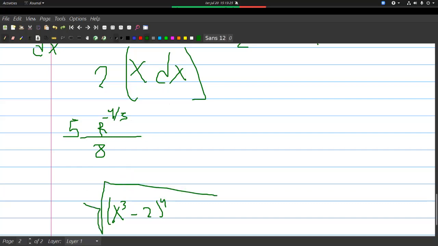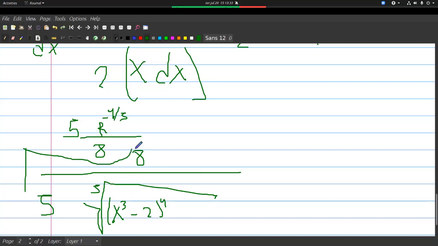The 5th root multiplied by 5 over 8. And that's our answer.